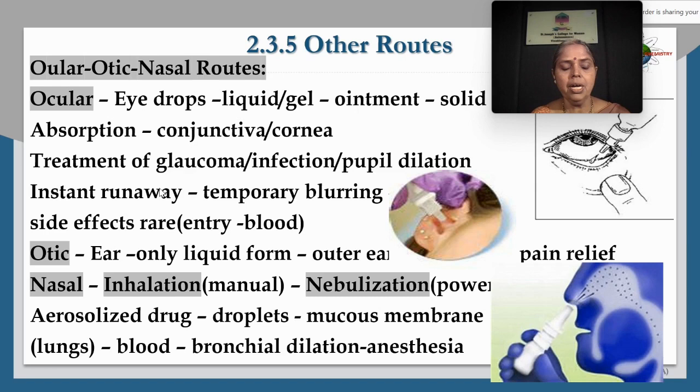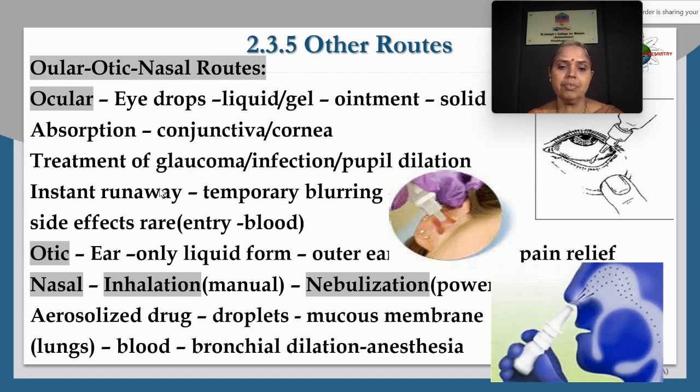The effect will depend on how fine the droplets are. So aerosolized drug is introduced in the form of droplets, and it will reach the mucous membrane lining the respiratory tract, and through the blood vessels that line the mucous membrane, this drug enters the blood, where it will cause the expected effect. Even anesthesia is sometimes given in the form of an inhaled drug. Nebulized also.